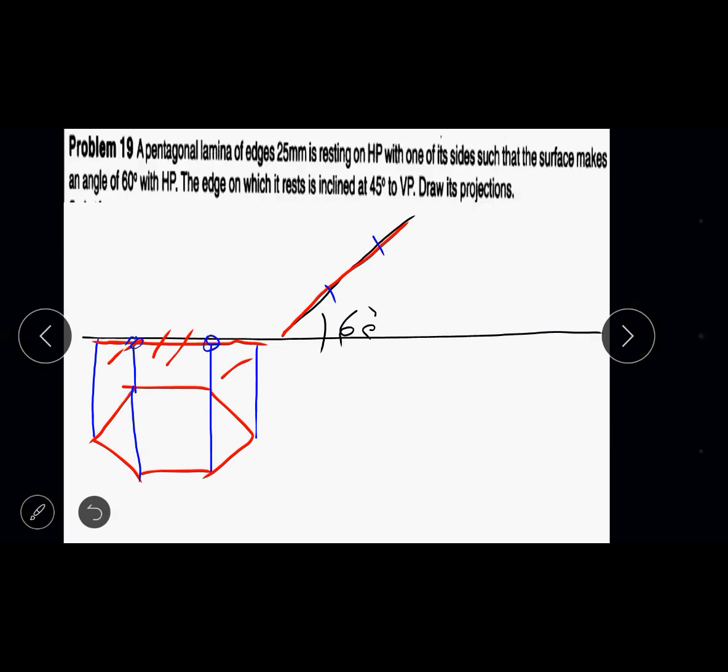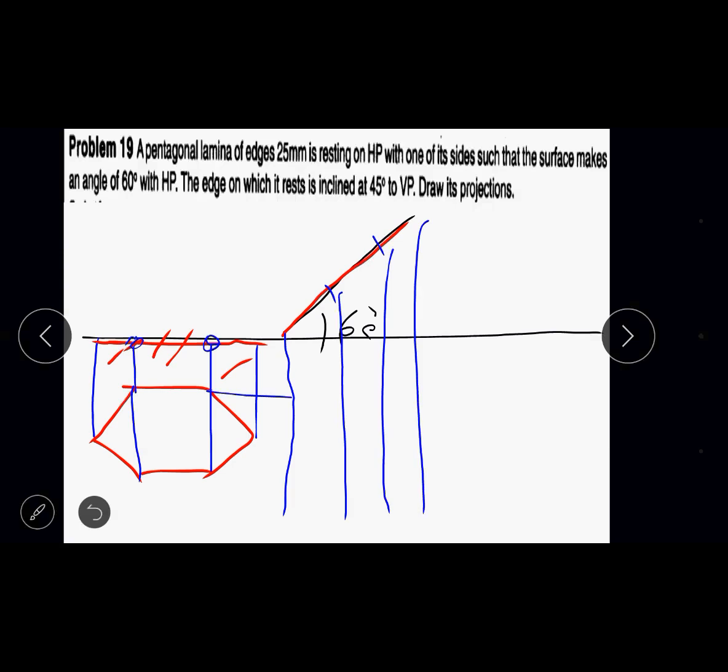Measure the dimensions of the second corner and third corner, mark them on the 60 degree line, and label them with the same alphabets: A dash, B dash, C dash, whatever it is. Then, to get the top view, draw the projection lines from the top view: first corner, second corner, third corner, and then the last corner.